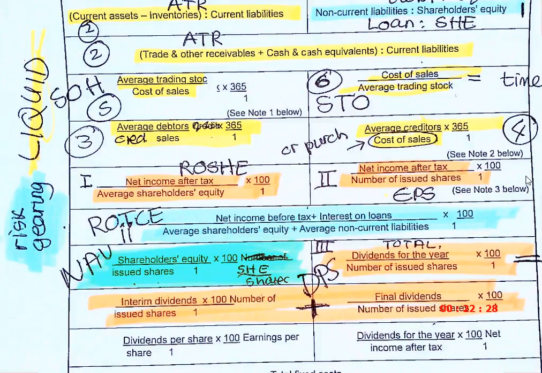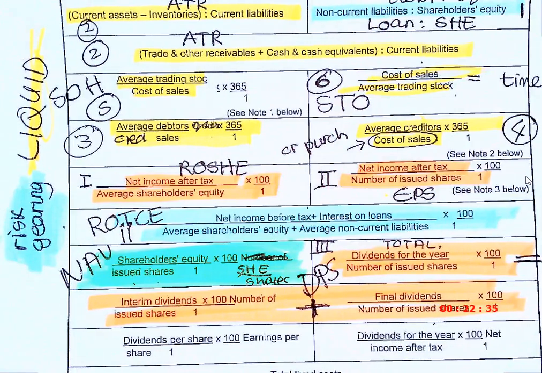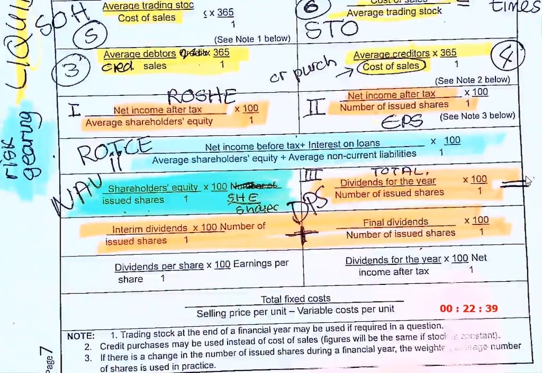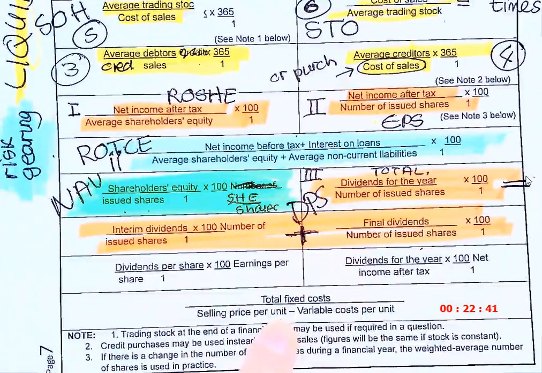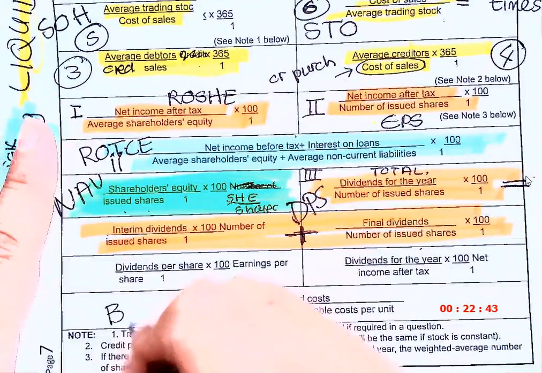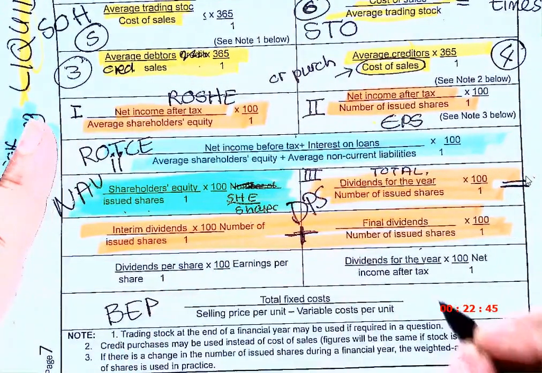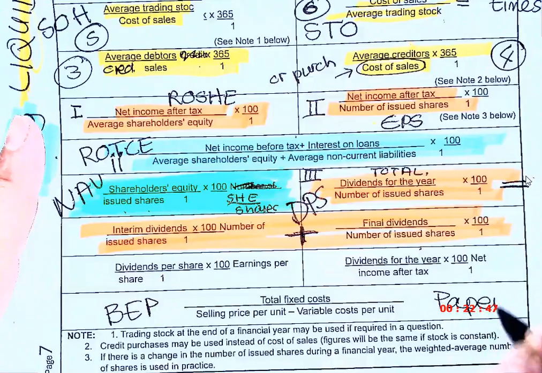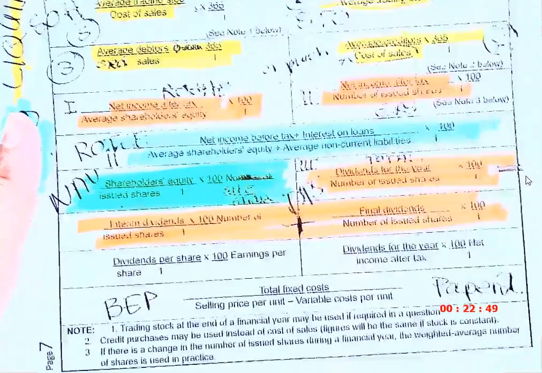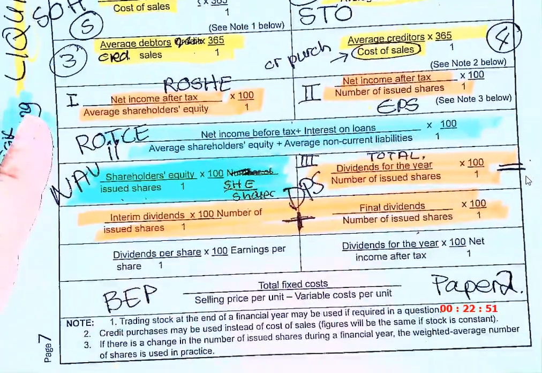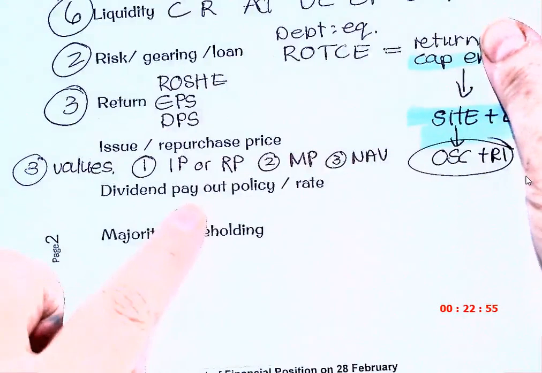Okay, I will explain to you later how it all works. Just be sure that you know today's whole purpose is that you know the ratios. Okay, and now we are still left with these two. This one here, it's the break-even point. This is paper 2. It's not paper 1. But this one, can you see here at the bottom? This one here is the dividend payout policy.